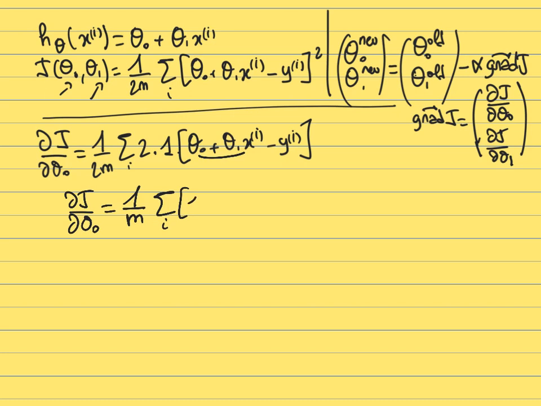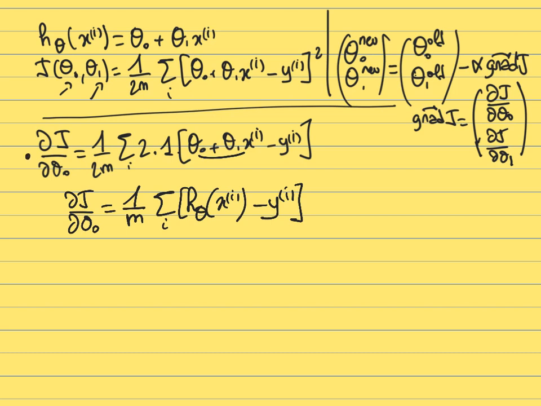So we can rewrite it as the hypothesis of your model for the feature xi minus the true output. That's a more condensed way to rewrite the gradient once we have calculated the derivative.